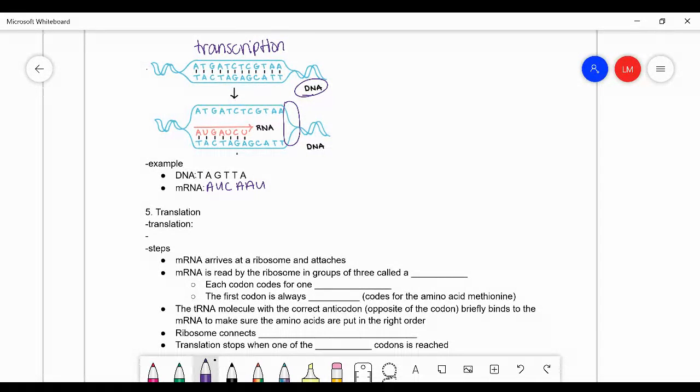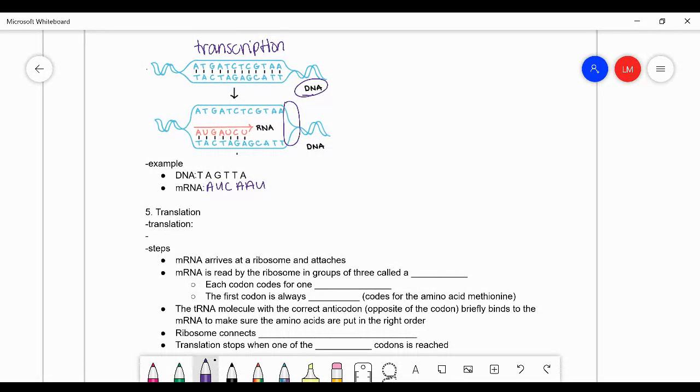And then that information, that mRNA strand, is going to be used in translation to make a polypeptide chain or protein. So maybe I should skip back to why we even need this to happen. DNA has all of the information for all of the genes and all of the proteins and all of the things that our cells need to make. But our chromosomes are too big to leave the nucleus.